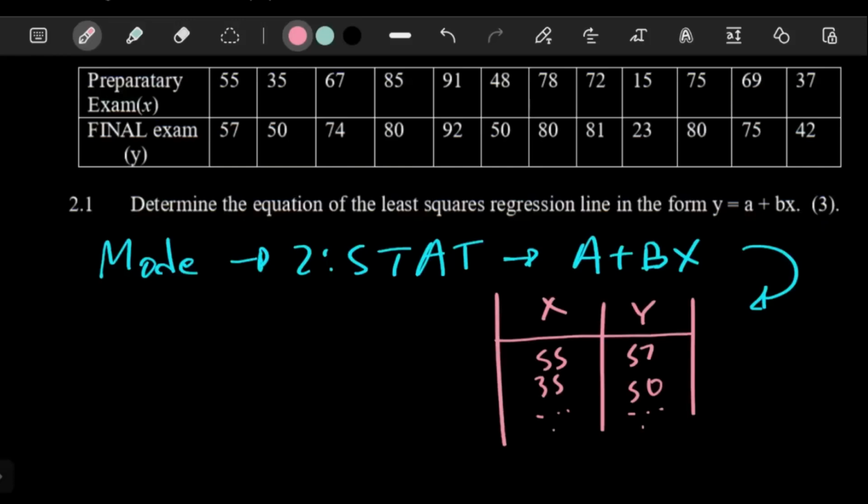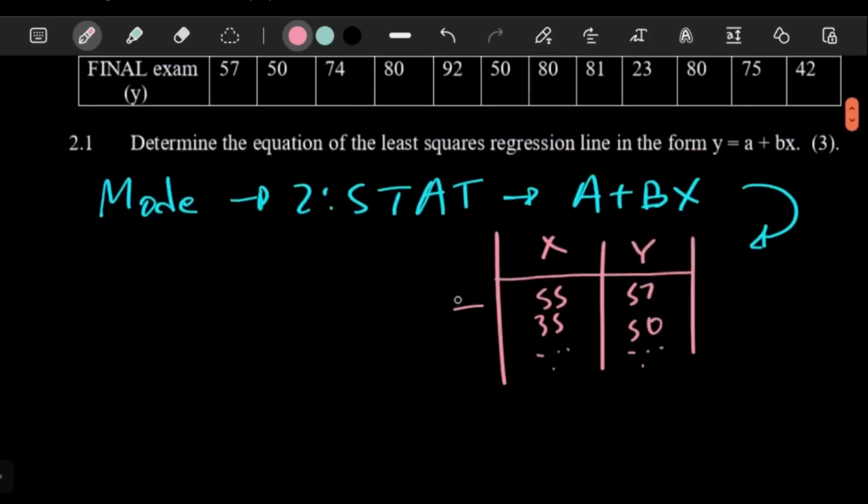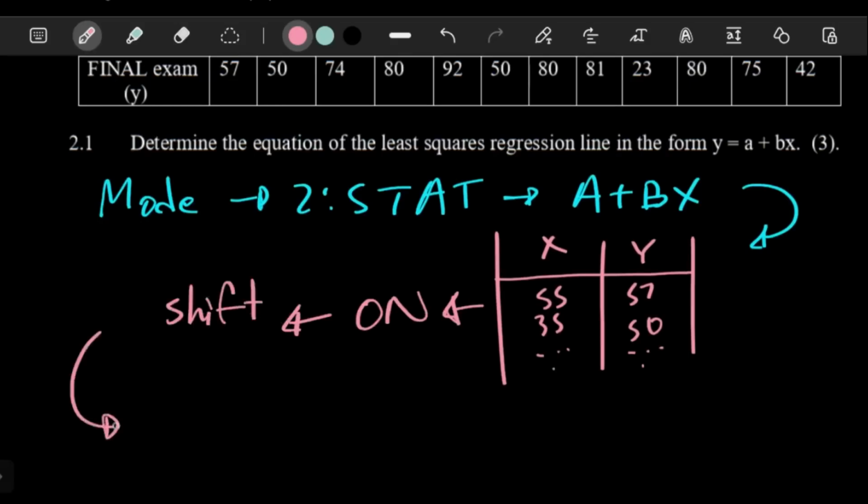So once you have all the data in your calculator, this is what you are going to do. You're going to press the on button. After pressing the on button, you're going to press shift, and then you're going to press the number 1 button. This is if you're using the Casio calculator.